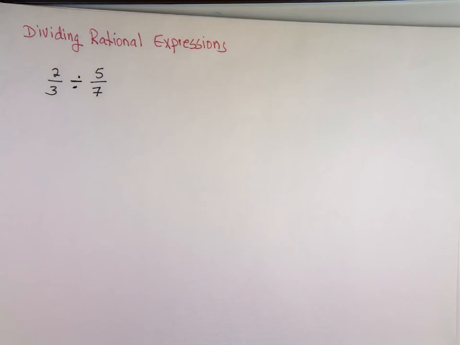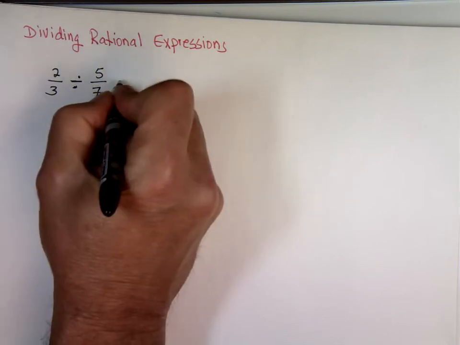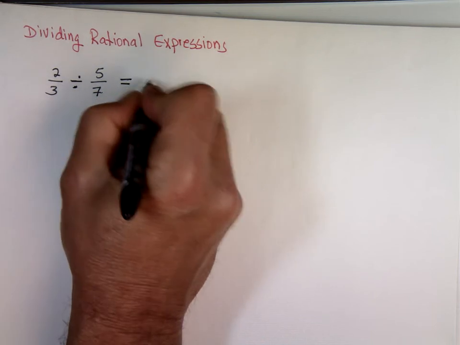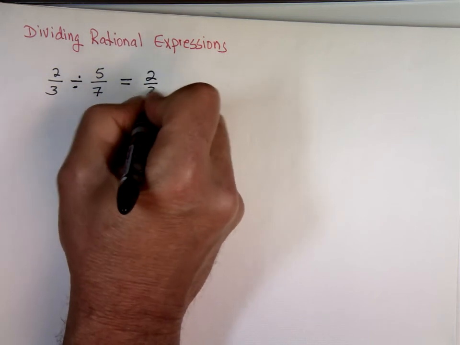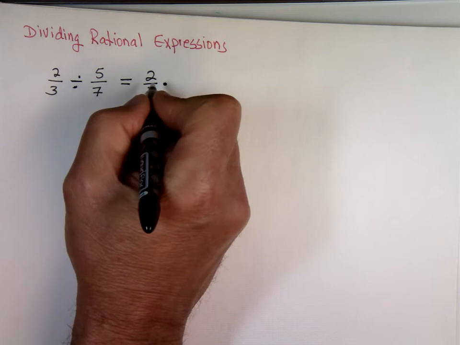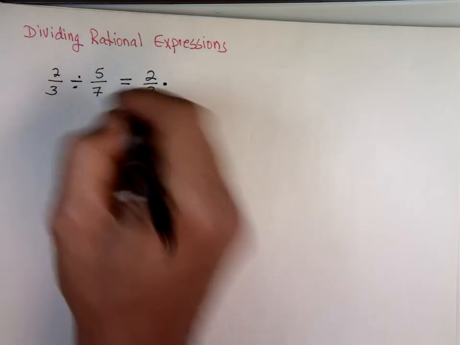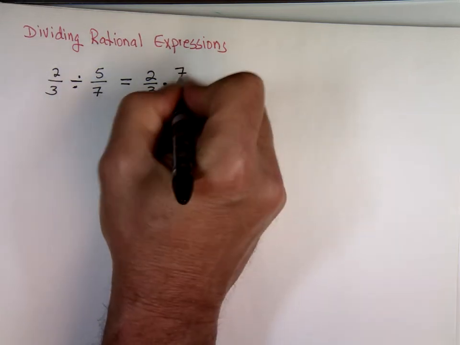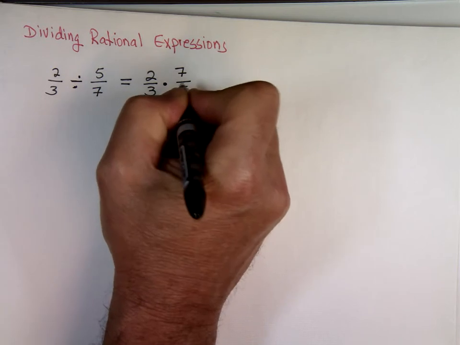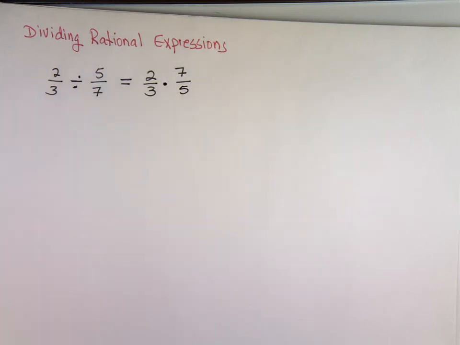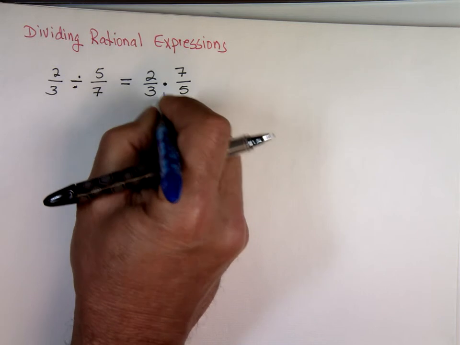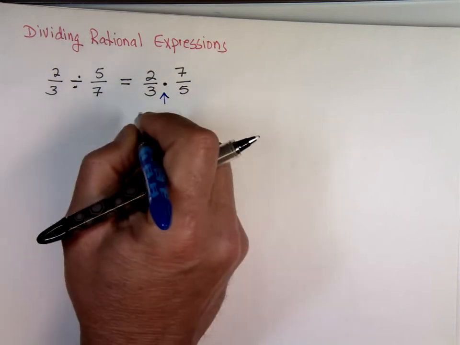The first thing we're going to do is we're going to take that and make it 2/3, change the division to multiplications, and multiply by the reciprocal of 5 over 7, which is 7 over 5. So we did two things. We changed the division to multiplications.